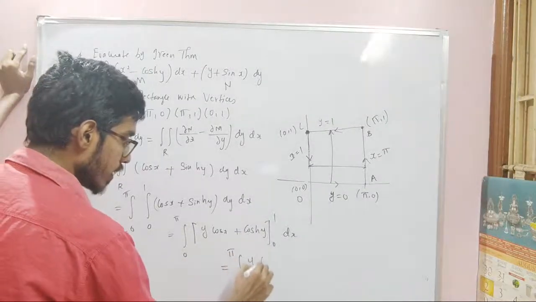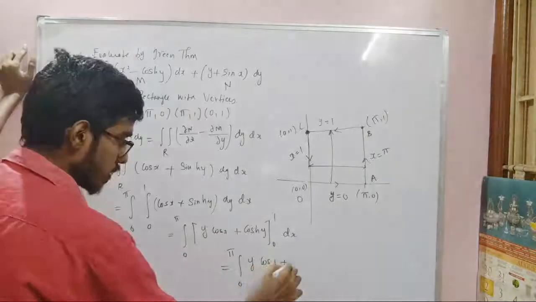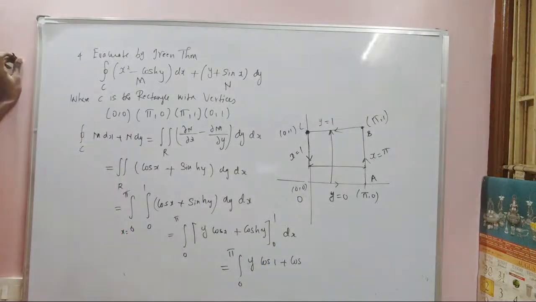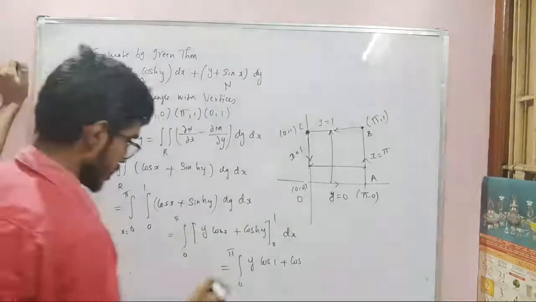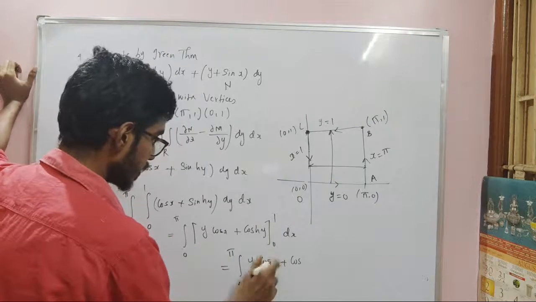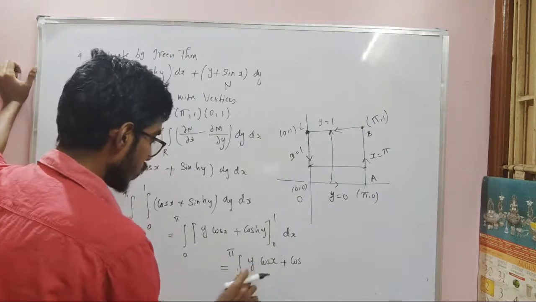So we have y into cos x plus cosh y. We are only substituting for y.